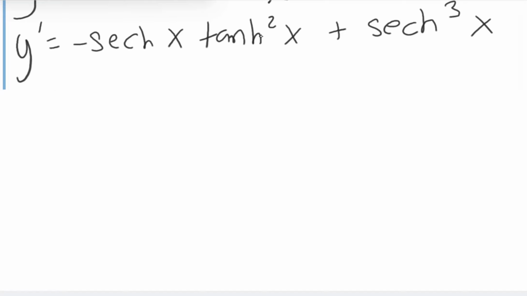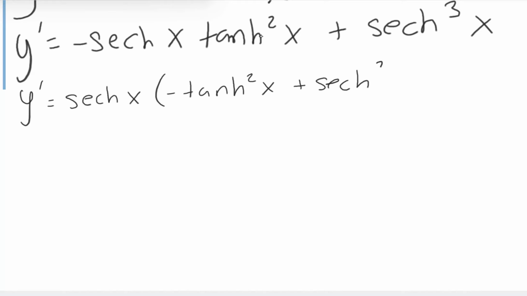All right, so now we can pull out a secant h of x. And we're left with negative tangent h squared plus secant squared x.